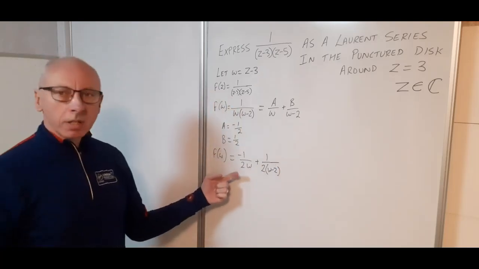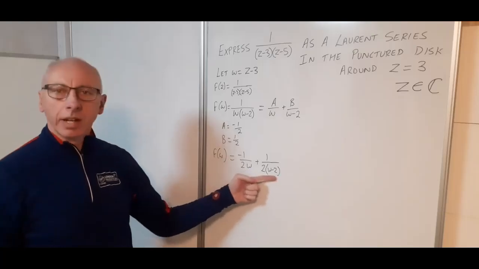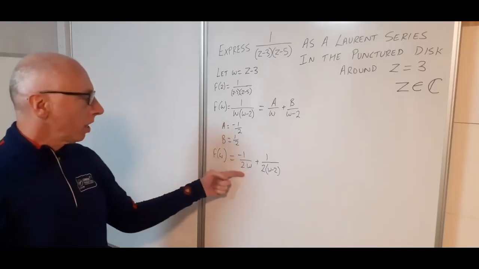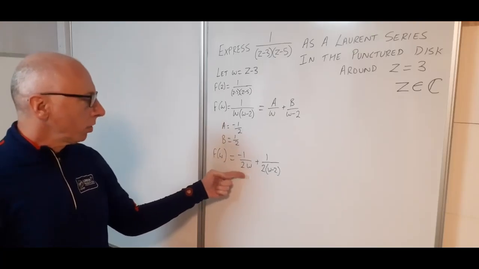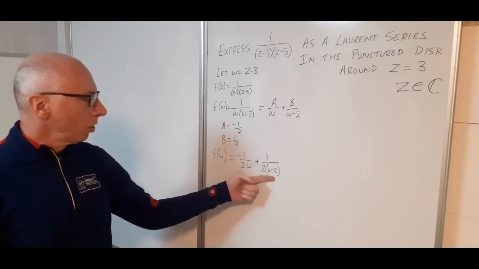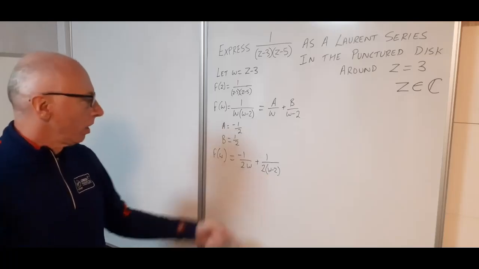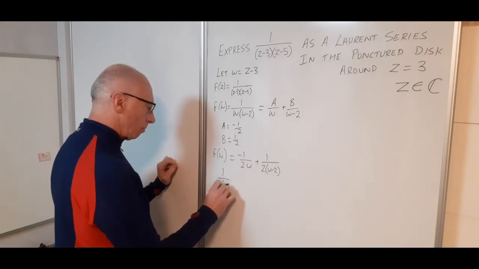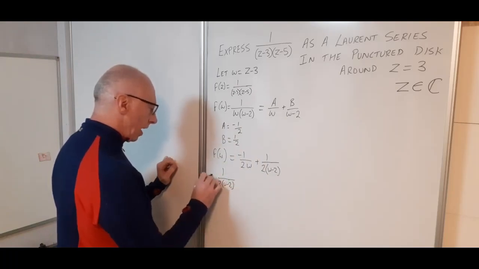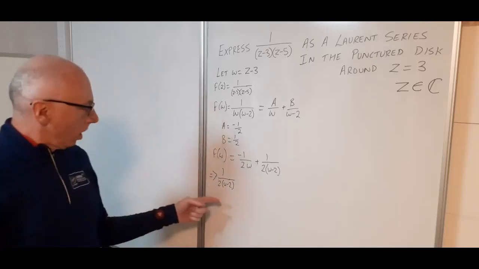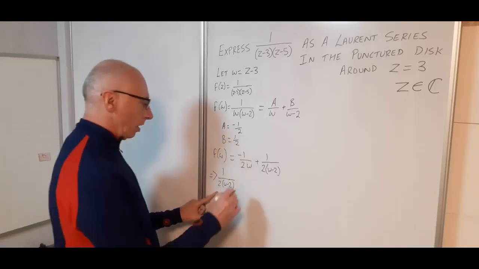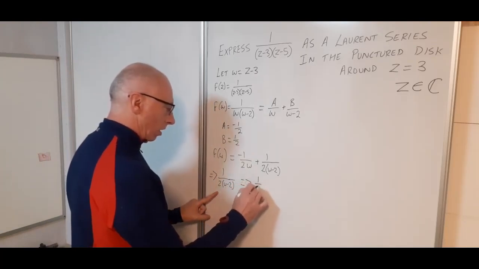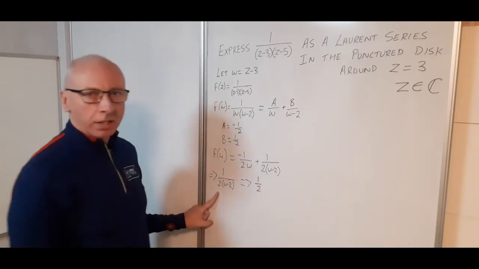Now what I want to do is get a power series representation out of this. Now minus a half over w, that's pretty much taken care of. But I could do some work on this one. So if I look at 1/2 of 1 over w minus 2, let's just look at that on its own. I can factor out the half, and then I've got 1 over w minus 2.